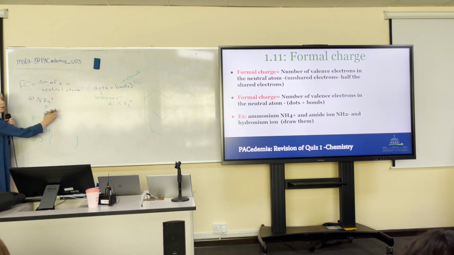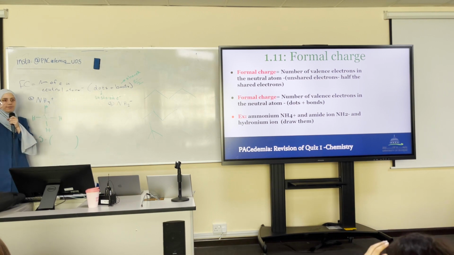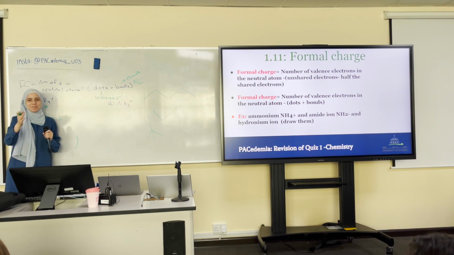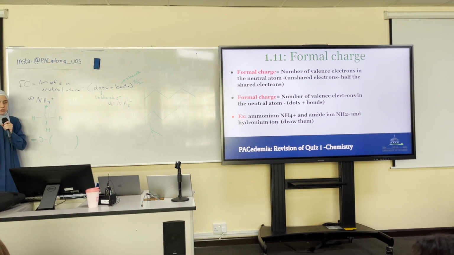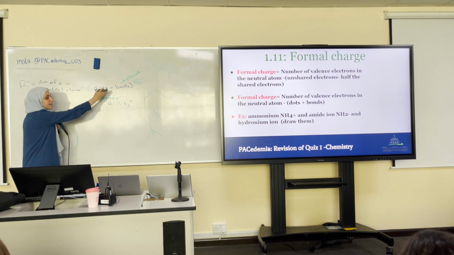Without the Lewis structure, nitrogen from the periodic table has 5 valence electrons. So this is 5.